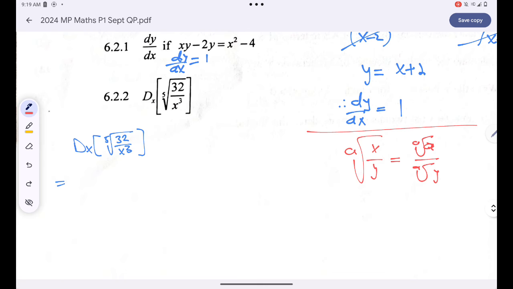Same thing applies there, guys. d over dx simply tells me to derive with respect to x. I will have the 5th root of 32 and the 5th root of x cubed. The answer over there is 2 all over the 5th root of x cubed.